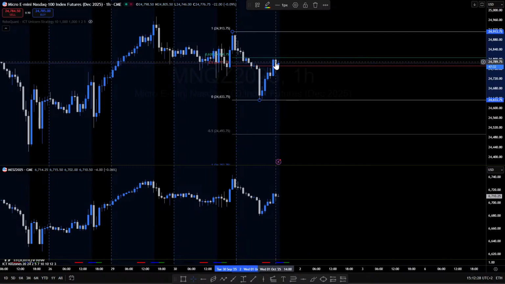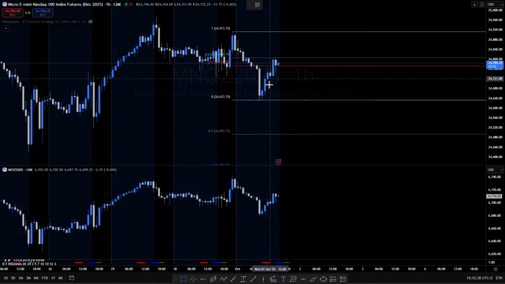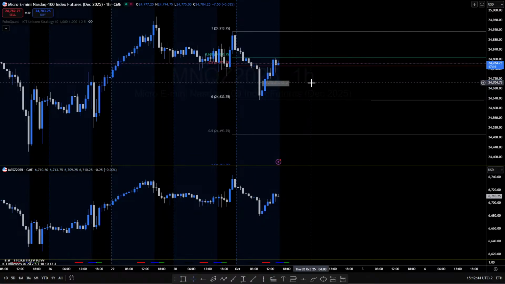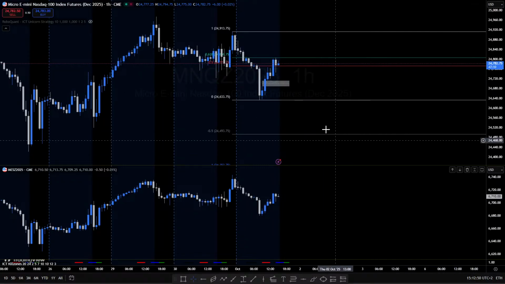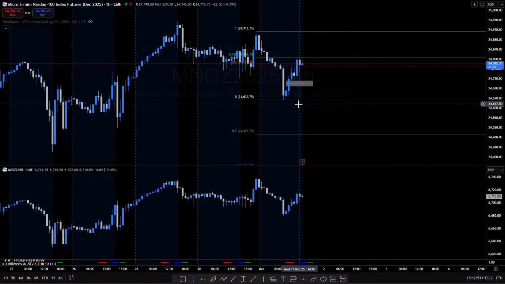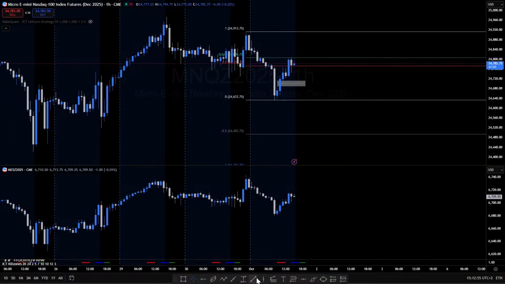So the thing is, it might be coming around this area here. It might be coming to this area as we are going to 9:30. Let me mark this.